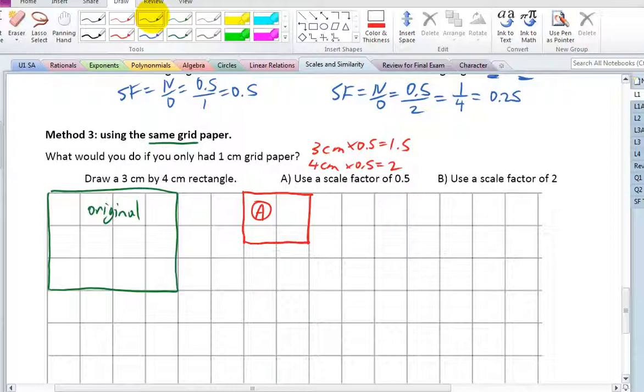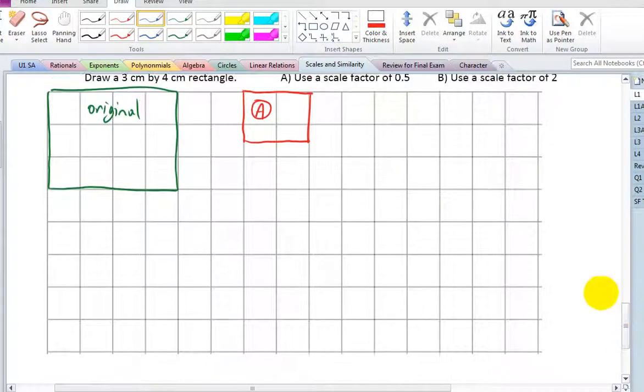Try B now by yourself. Go. Get your dimensions first, then draw it. So I had to redraw mine 3 times just to make sure I had the right dimensions.